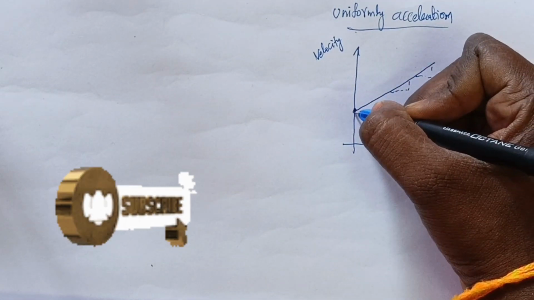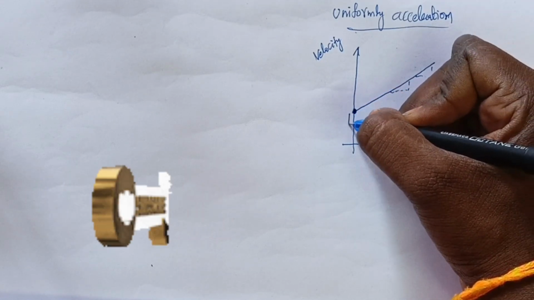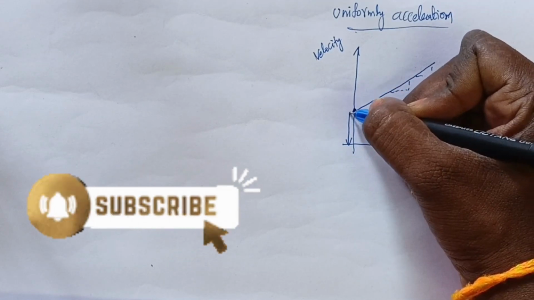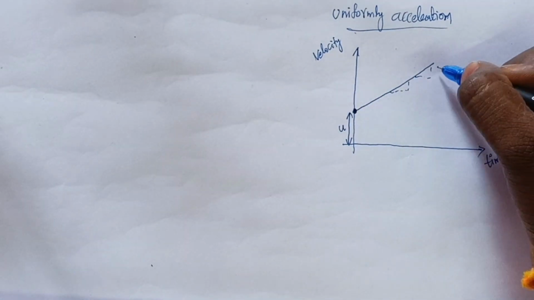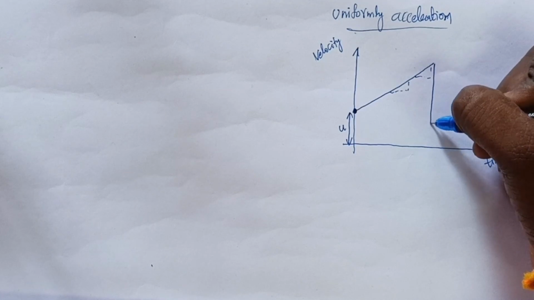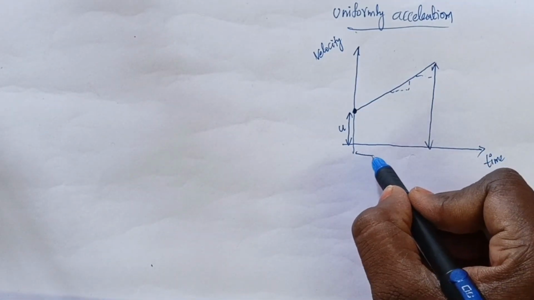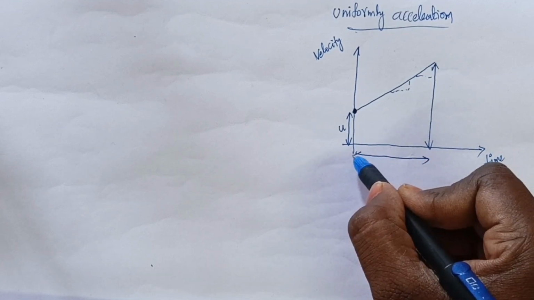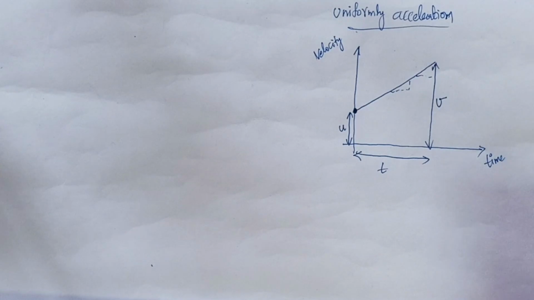Now I am assuming that an object is moving with an initial velocity of u meters per second. After a time t, it has attained a velocity v.